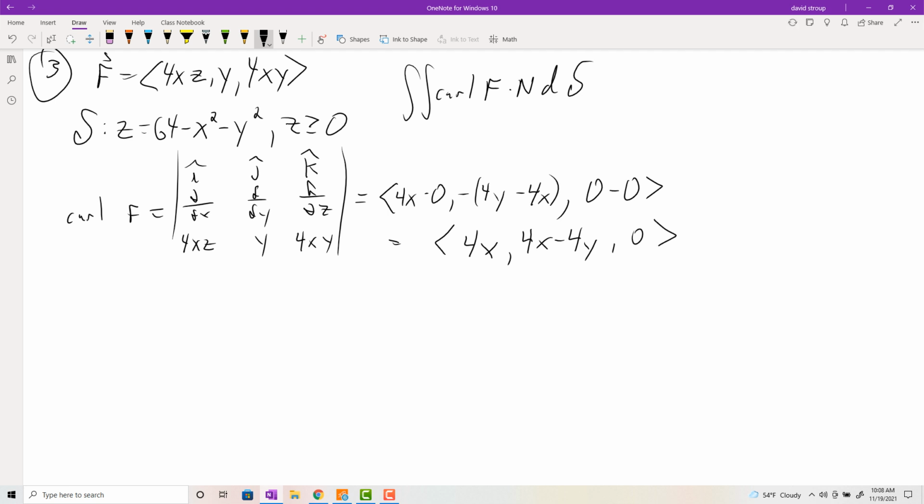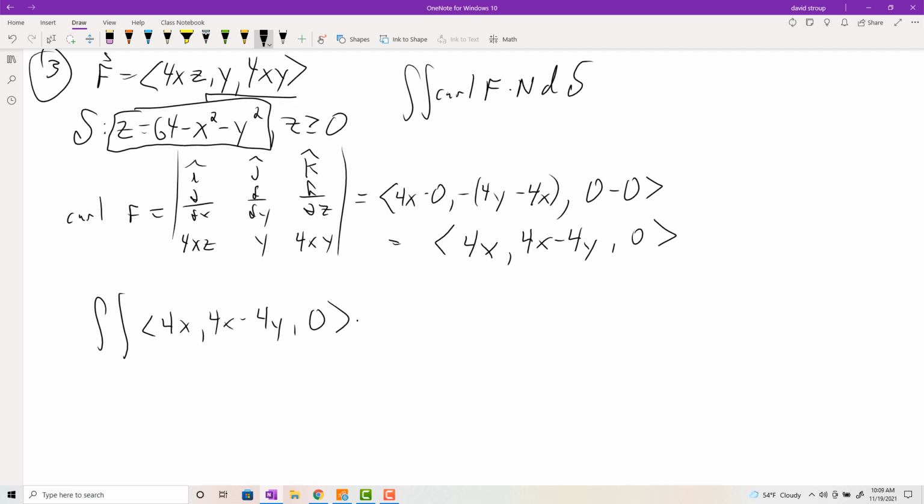Going to then our double integral. We have that vector 4x, 4x minus 4y, 0. We need to dot it with the normal, so we need to convert this surface first into some function g of x, y, z. So that will be z plus x squared plus y squared minus 64 equals 0.